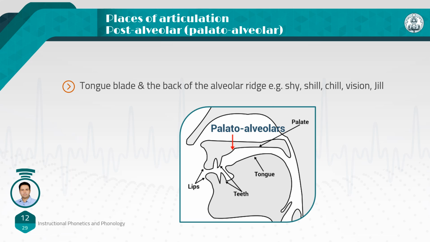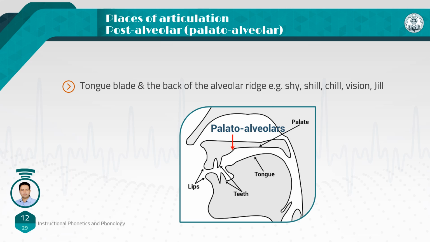For sounds like sh or ch, or j, like in Jill. As you can see in the picture, you can also try it yourself. Try to make a sound like ch, sh, and feel the place of articulation.